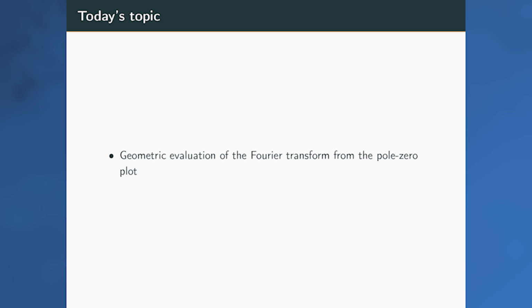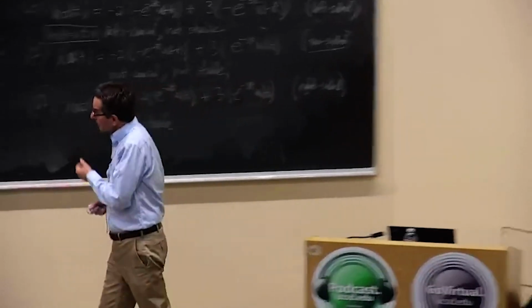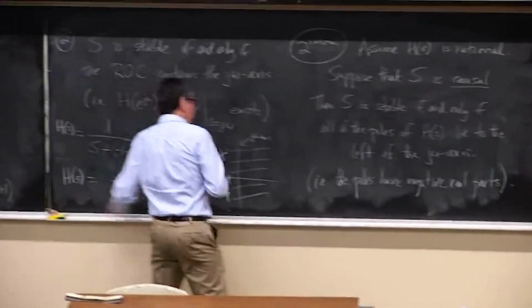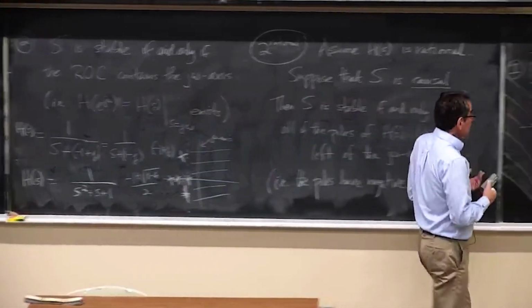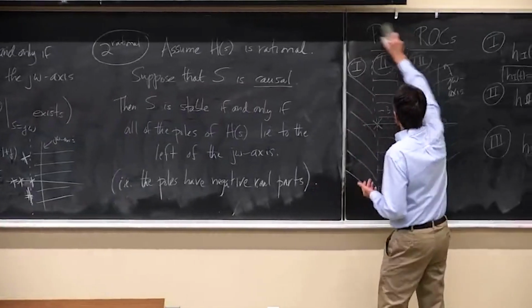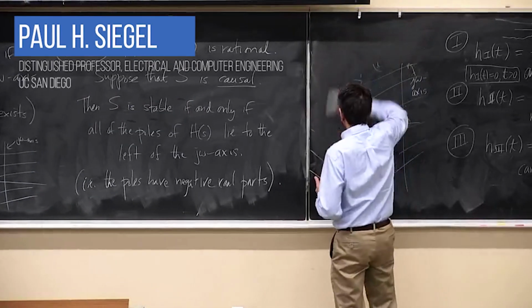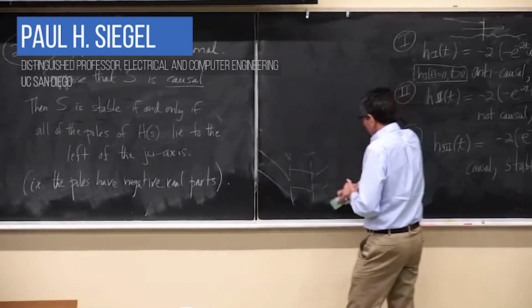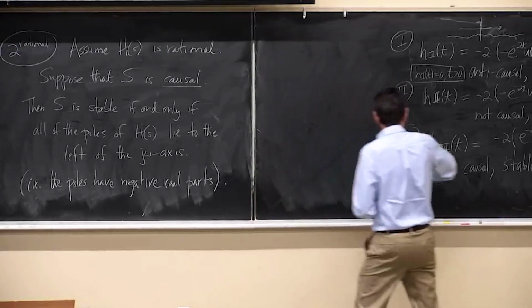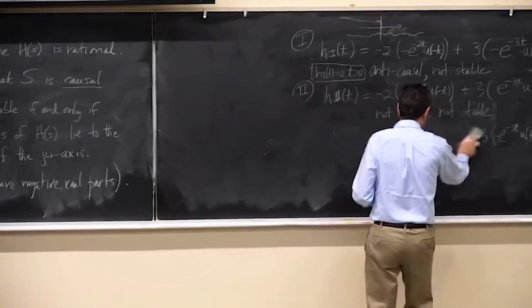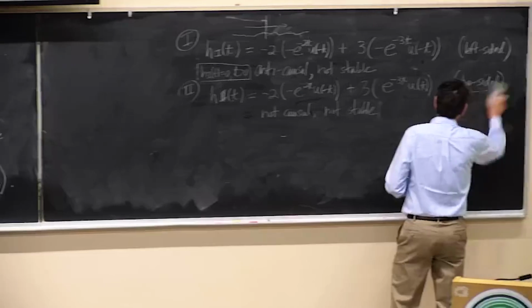So since we're using the Laplace transform and the region of convergence to help us analyze systems, it's natural to ask: can we deduce things from those without actually doing a full inverse transform?